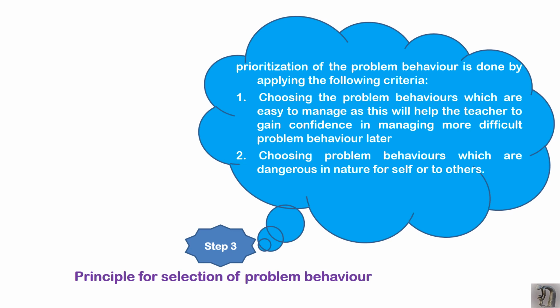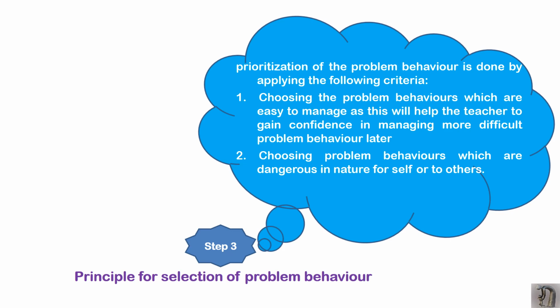See, choose a problem behavior which is easy to manage, as this will help the teacher to gain confidence in managing more difficult problem behavior later. If you select a very hard maladaptive behavior initially, then sometimes your motivation level comes down if it doesn't work well. So identify the simple problem behavior initially, build rapport with the child, and then take your intervention ahead.